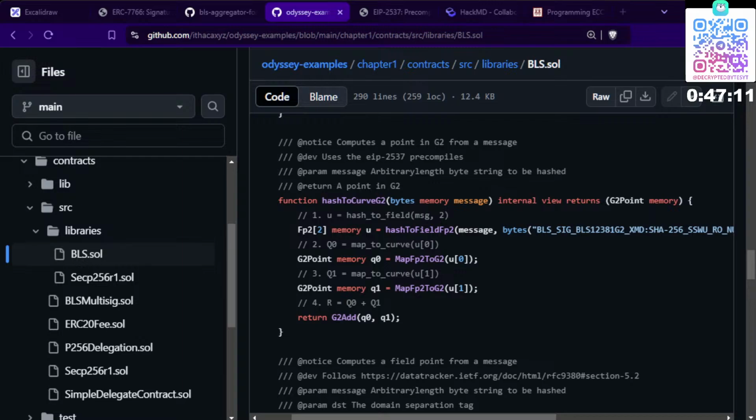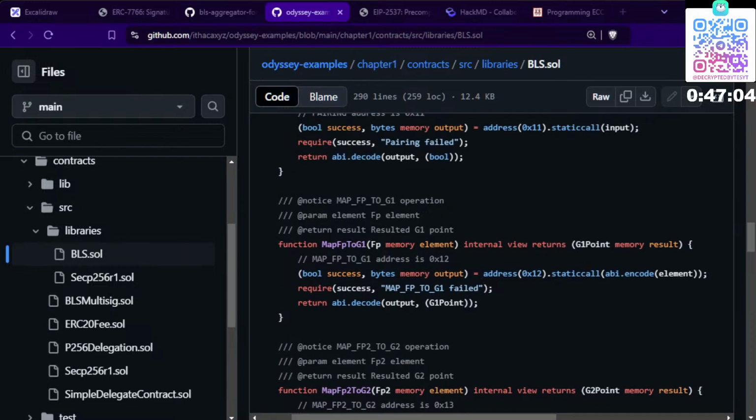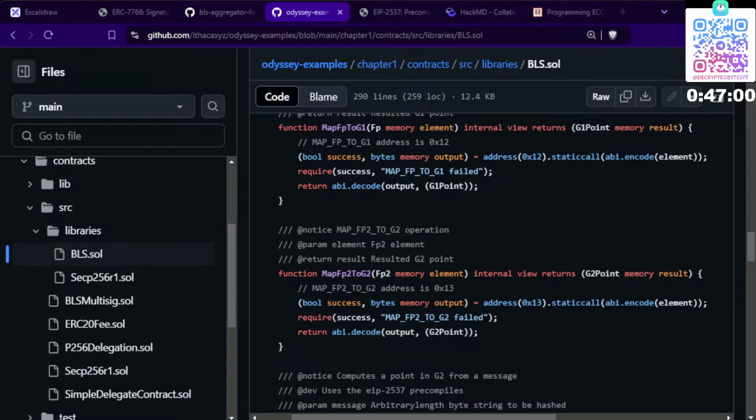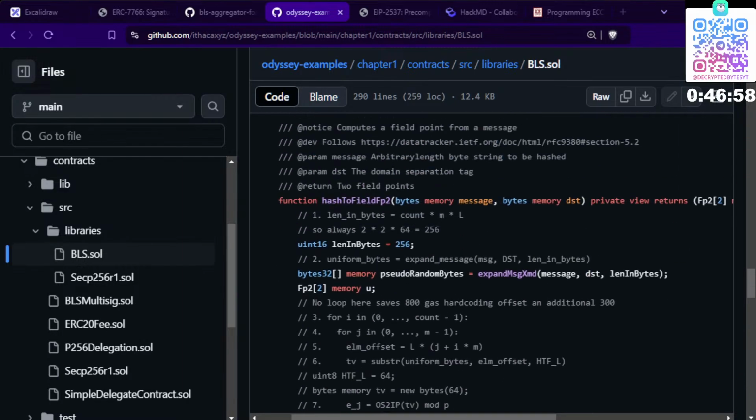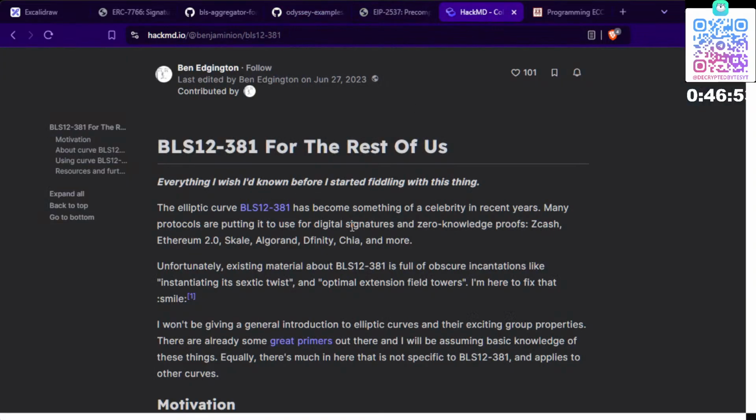So hash 2 point G2. What these things are like FP, G1, FP2, G2, I need to understand all of those, and I will understand this here.